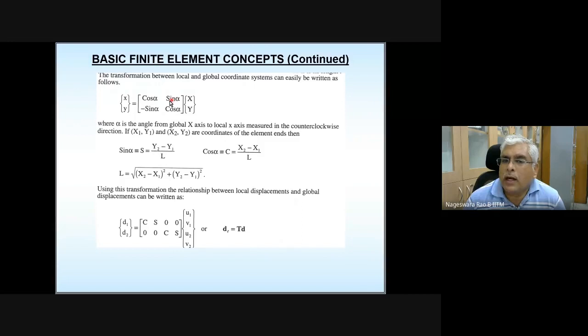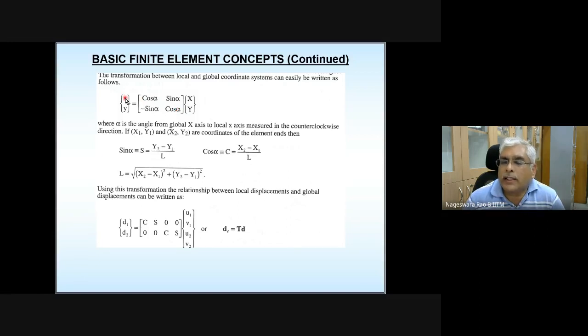small x is equal to capital X cosine alpha plus capital Y sine alpha. Okay, or instead of writing cos alpha, sine alpha, you write this as C, you write this as S. This is C, S, minus S, C in a compact way.